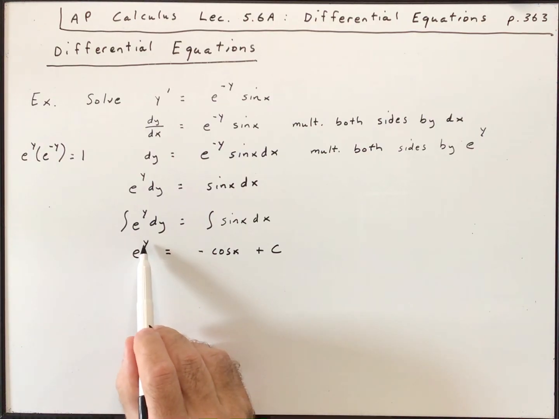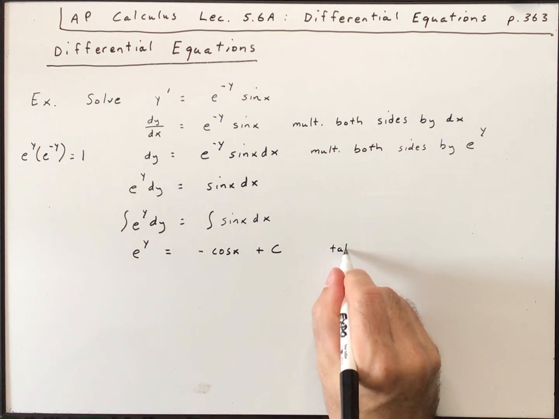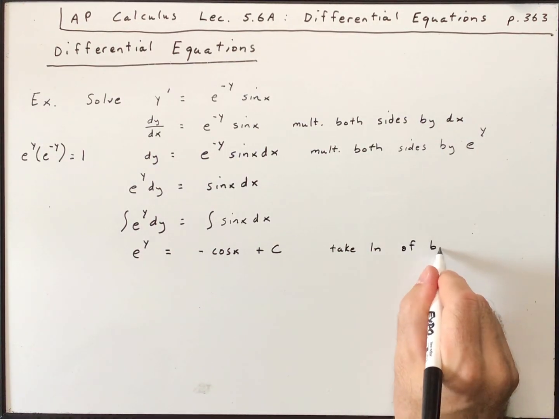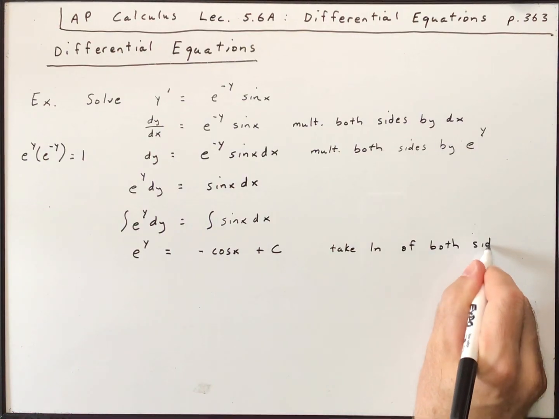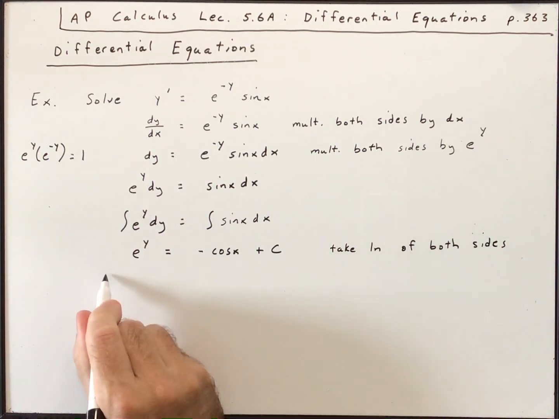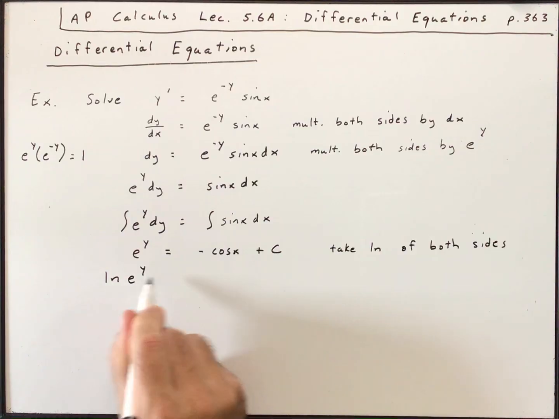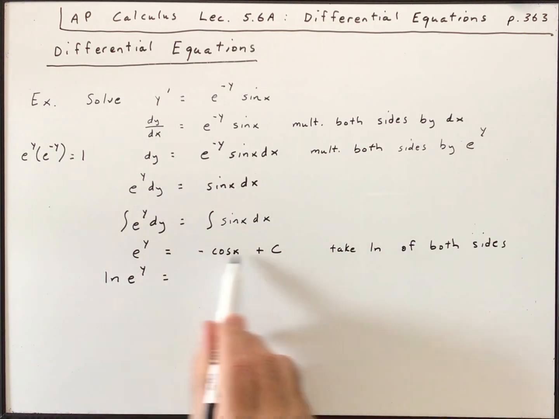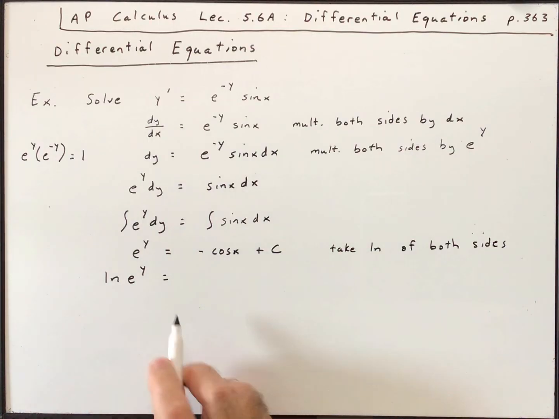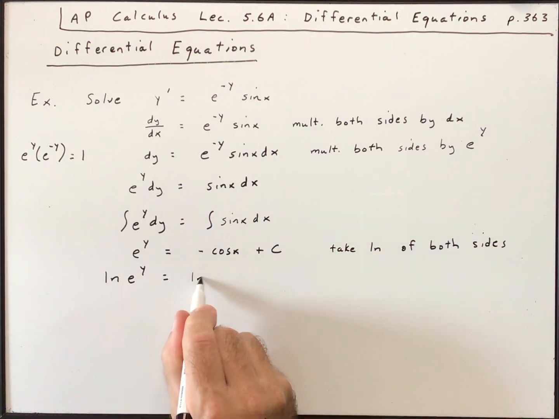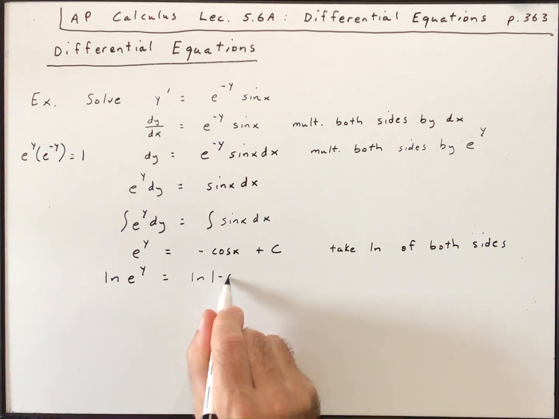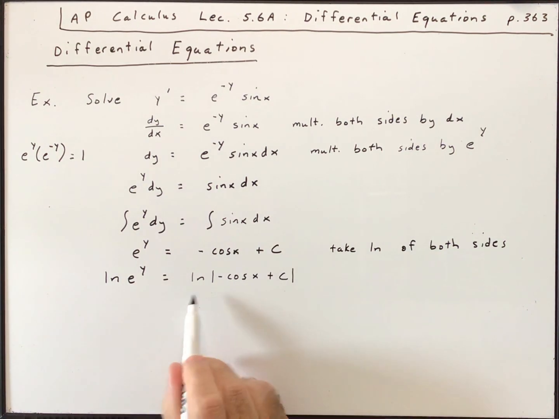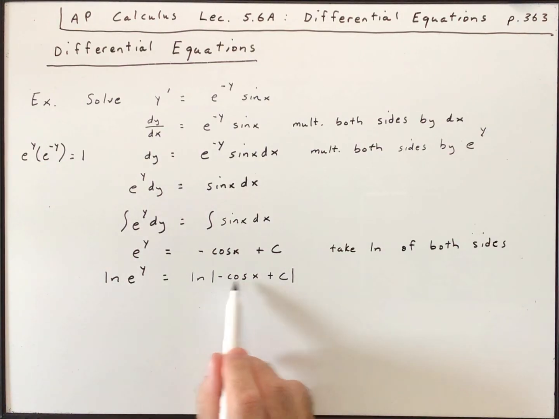So in order to get that y downstairs, we need to take the natural log of both sides. So I would have natural log e to the y. So we're just formatting. This is the solution to the differential equation. We're getting it into a better format. Natural log is equal to the natural log, and we have to put the absolute value of minus cosine x plus c, because you can't take the natural log of a negative, so absolute value of that.